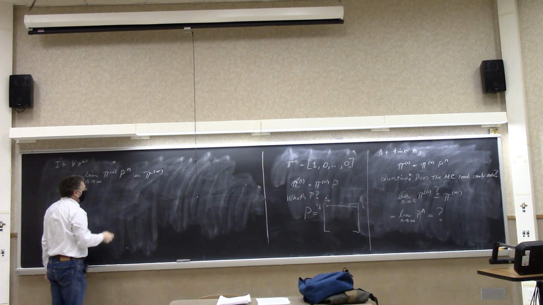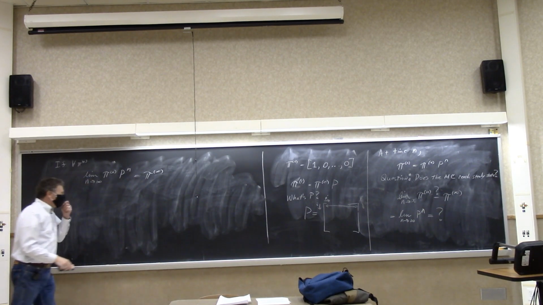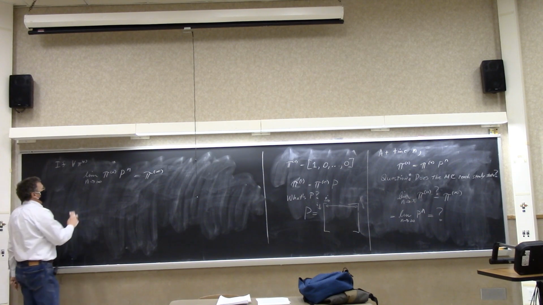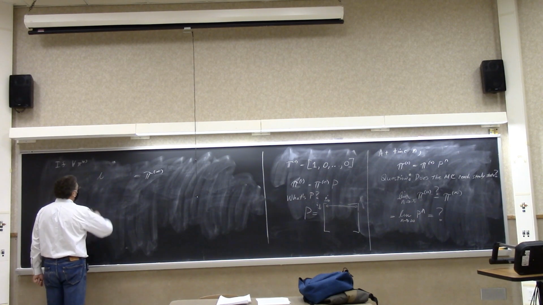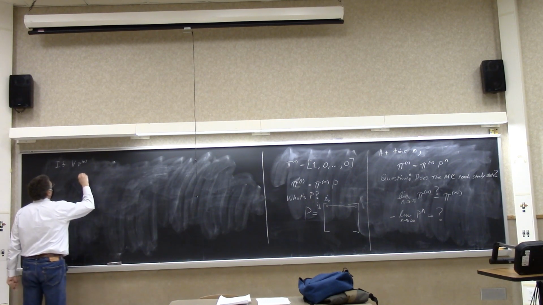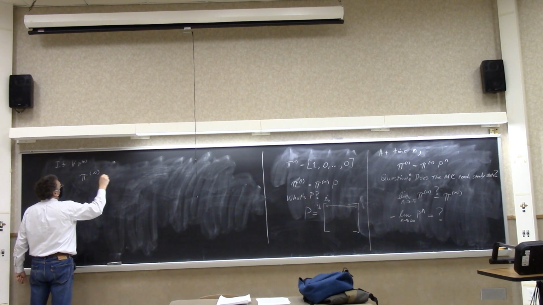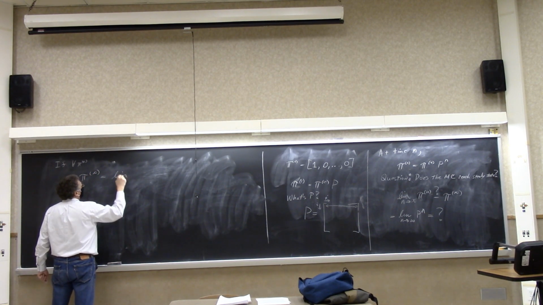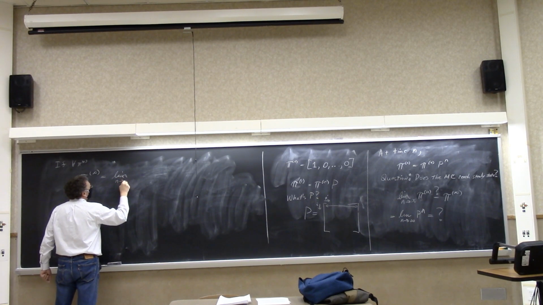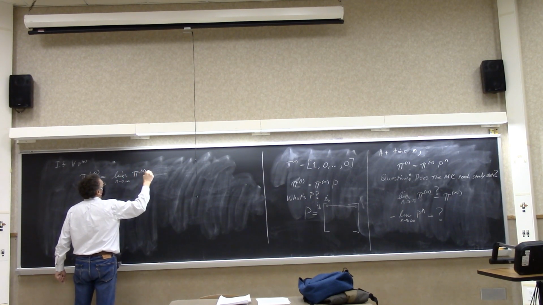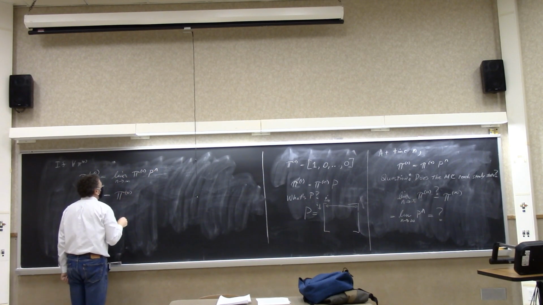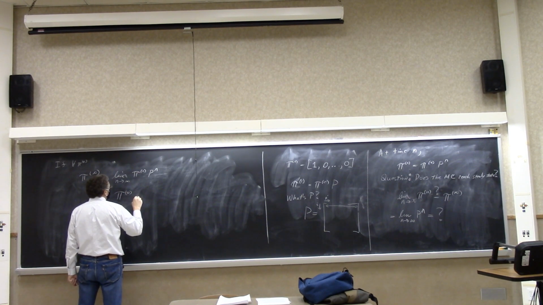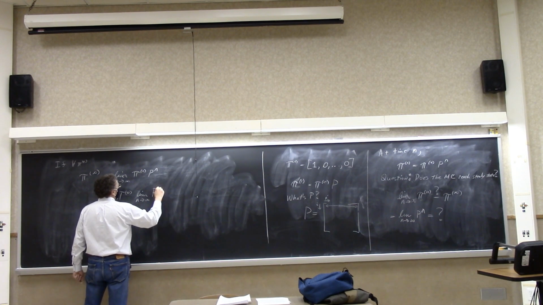So it's easy to prove rigorously that that must be equal to this. Let me write it like this. Pi infinity is equal to the limit as n goes to infinity of pi 0 times p to the n. But that's equal to pi 0 times the limit as n goes to infinity of p to the n.